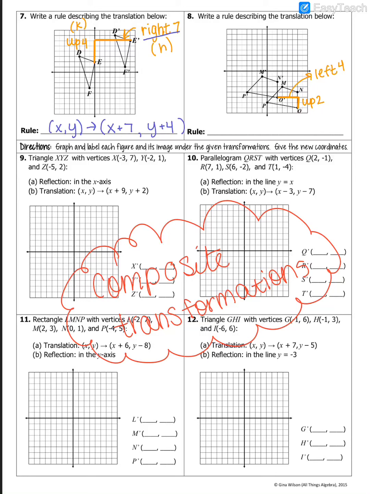Once again, do as I say, not as I do. I make mistakes as well. So we are always going from original to the new figure. Or you could even write that as going from original to prime.